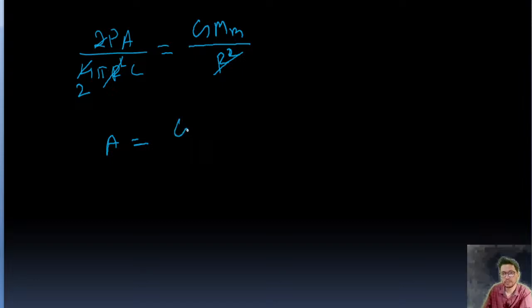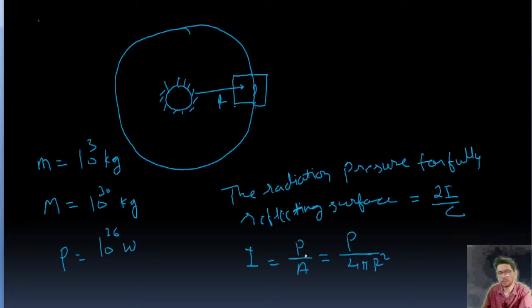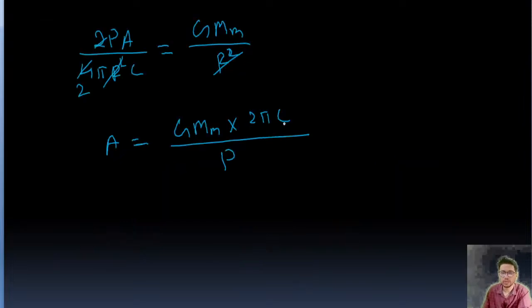And then the value of A is going to be GMm into 2 pi c upon P. Here P is the power, it is not pressure, it is power.